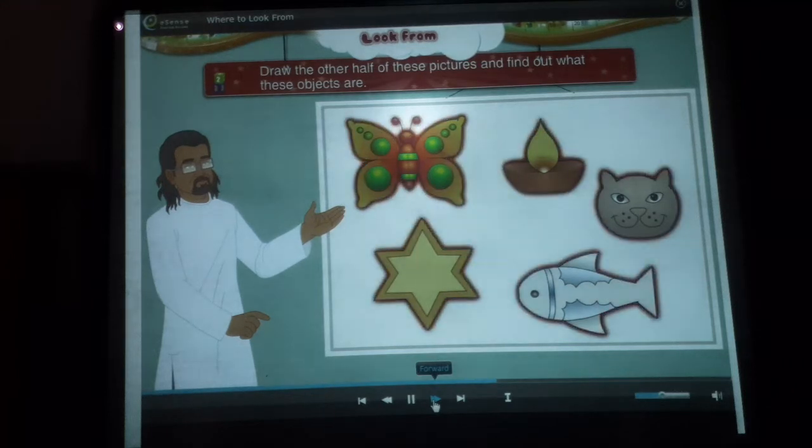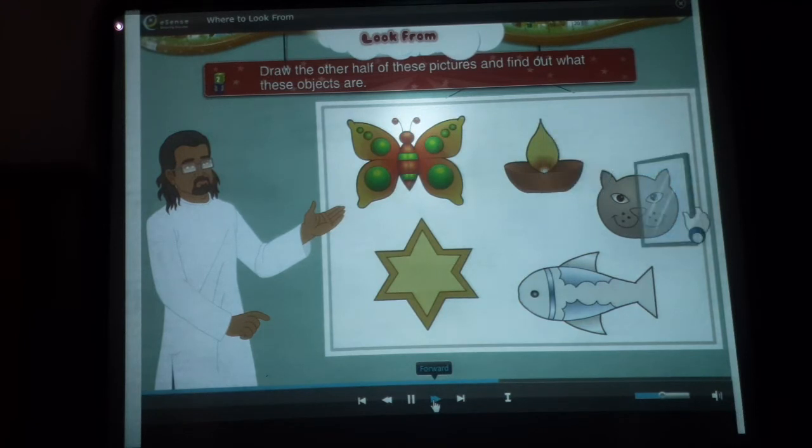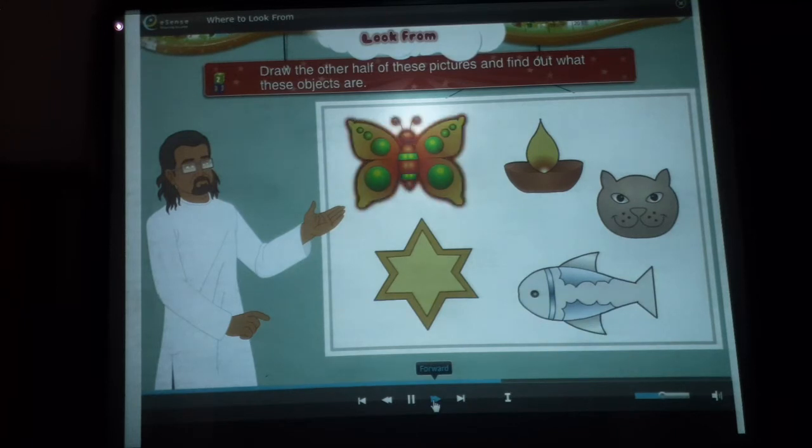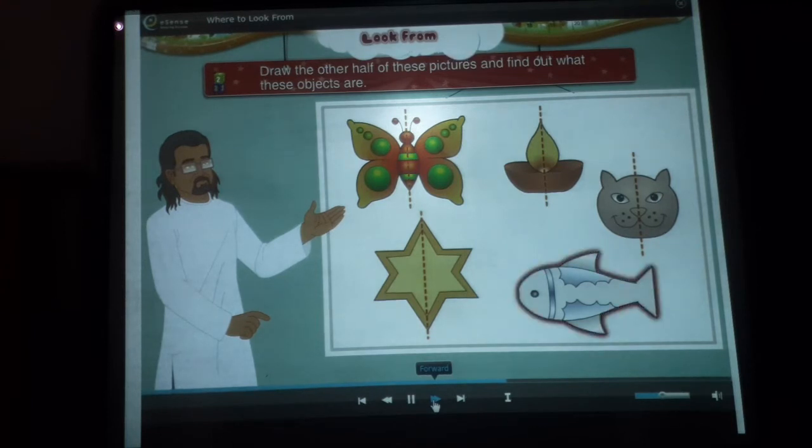Thus, all these pictures look as if they are divided into two equal parts. In the pictures of the butterfly, the lamb, the cat, and the star, if a vertical line is drawn, we get two similar parts, while in the picture of the fish, if a horizontal line is drawn, then only it gets divided.